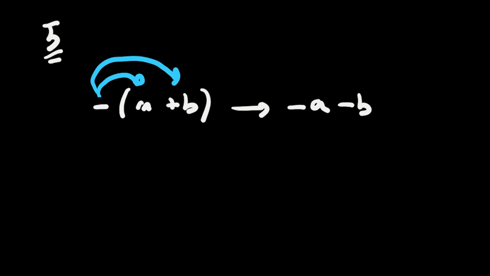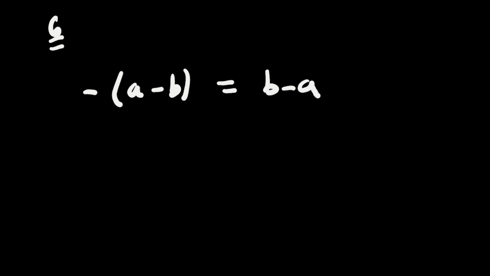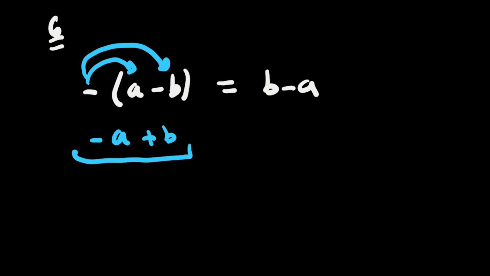Let's see another property. Minus a minus b is nothing but b minus a. Just notice here that we can distribute this minus. So minus multiplied by a will be minus a, and minus multiplied by minus b will be plus b. And when we are rearranging these terms, it will be b minus a, and we are getting the exact same formula here.